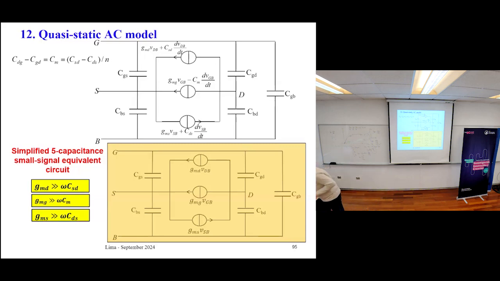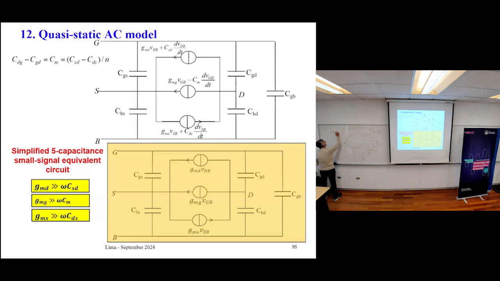But in most of the cases, what's this here? CSD, dVD, dt. You remember that. Let's take one of those terms, let's say dVG dt. I can write in the frequency domain this expression, Gm plus j omega C, times VG, right? This is the expression in the frequency domain.